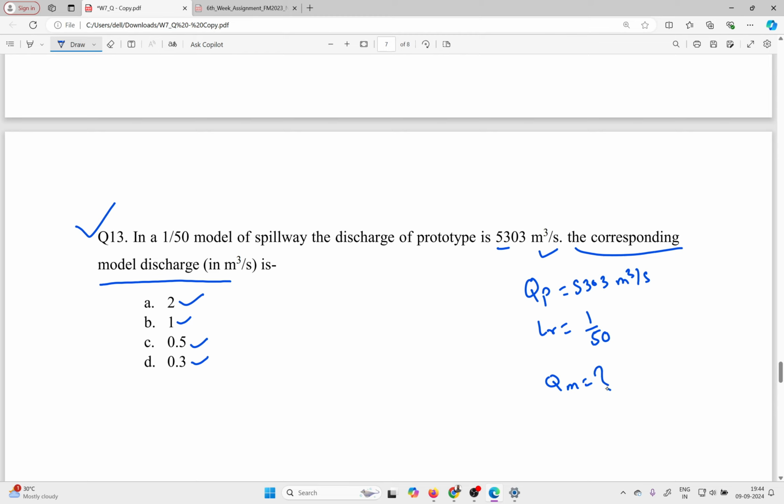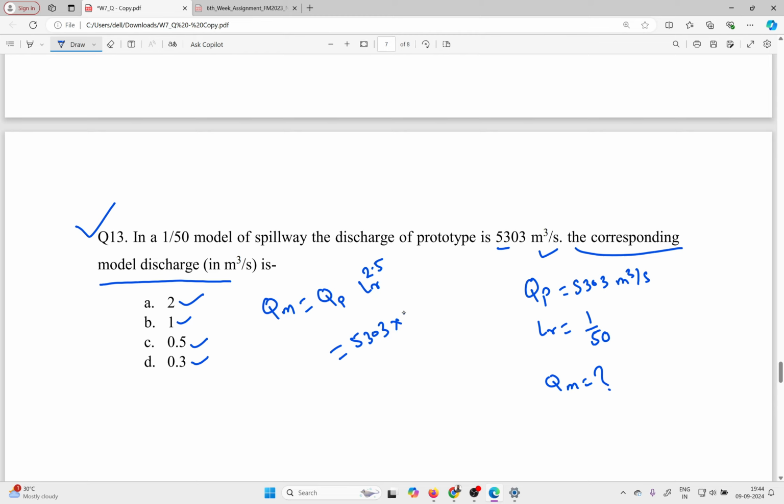Q model is equal to nothing but Qp and Lr to the power 2.5. It is given 5303. Similarly, as whatever I have done above, similar thing you will do here.